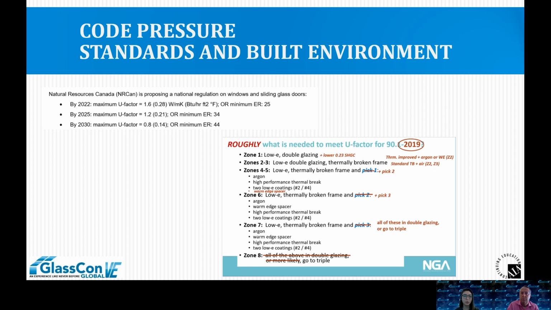For example, we see NRCan is proposing a national regulation on windows and sliding doors that gradually increases each year or over the years through 2030. And so by 2030, it'll allow for a maximum U factor of 0.14. As a frame of reference, a traditional IGU with a low E on surface 2 has a center of glass U value of 0.3.